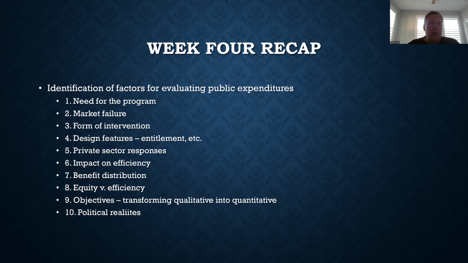A fourth factor that we oftentimes consider, the design features of the policy or the program itself. So for instance, is it an eligibility-based program? If it's an entitlement program that is eligibility-based, chances are we are probably going to need to have government intervention to make sure that those eligibility standards are being met.